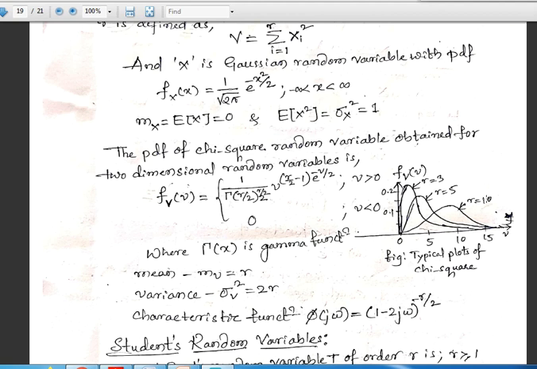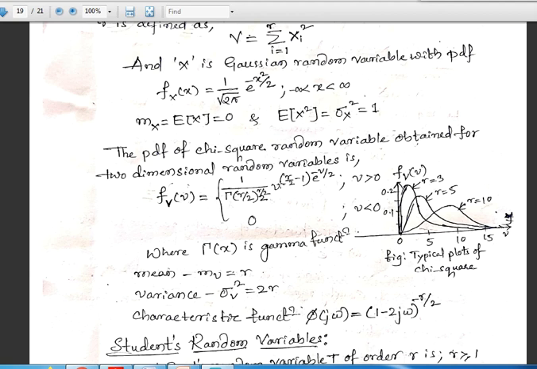And when the value of r is 10, we can see a much lower rate of increase as well as decrease, and the peak attained by this PDF is lower. So the chi-square PDF f_V(v) is a function of r, and as r increases, the rate of increase or decrease is lesser, and for lesser values of r it attains a higher value of the probability density function.